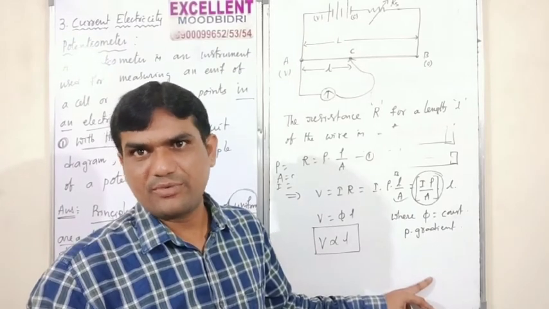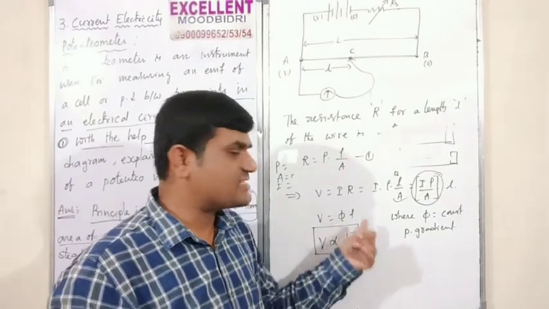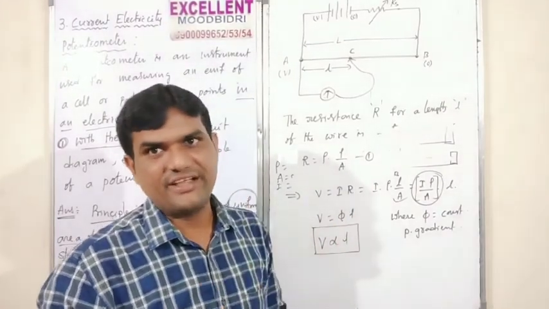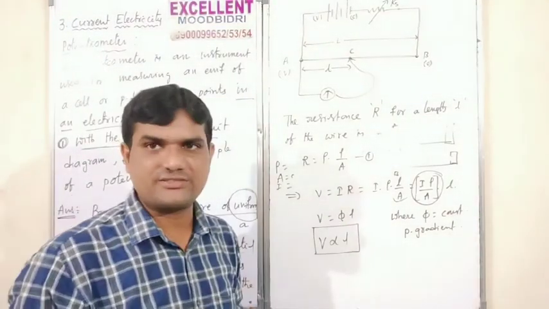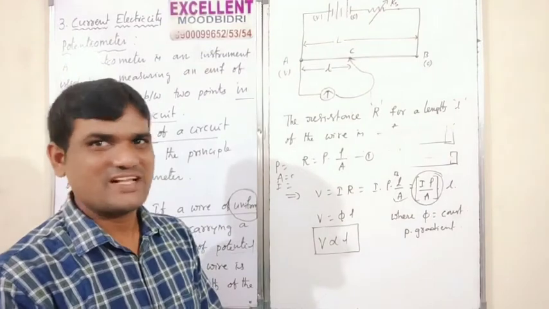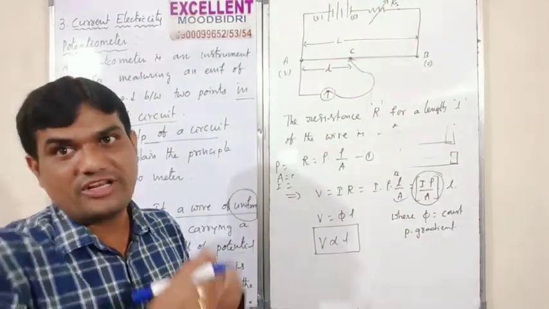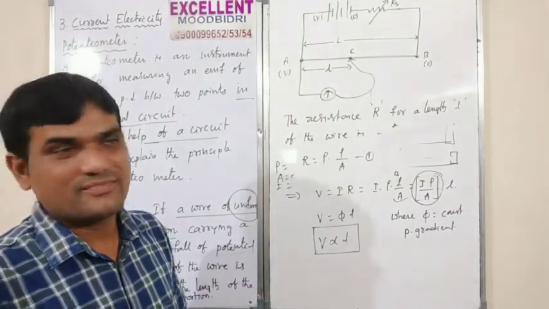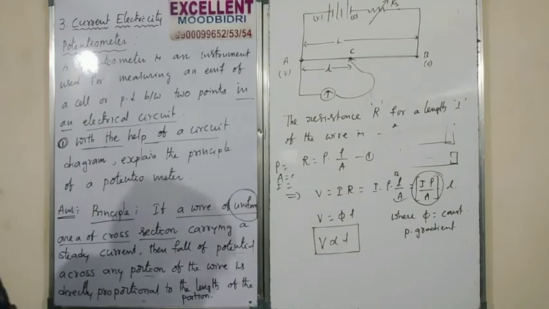Alright, so V is proportional to L. The length is more means the potential drop is also more, the potential difference is also more. That is the principle of potentiometer.